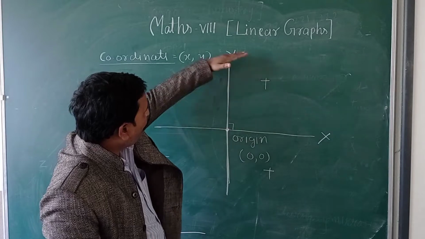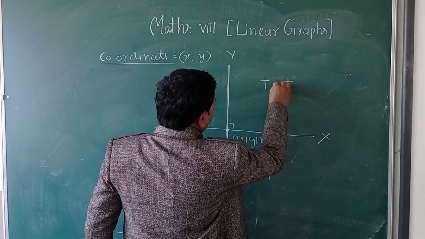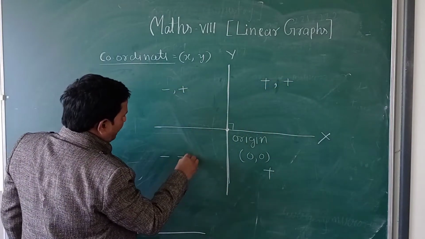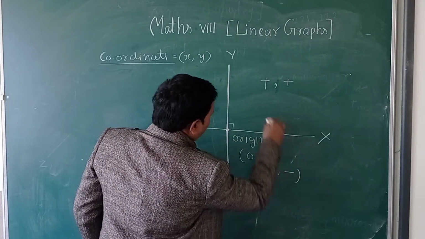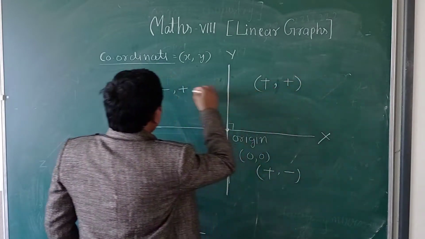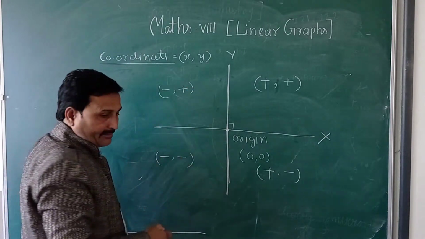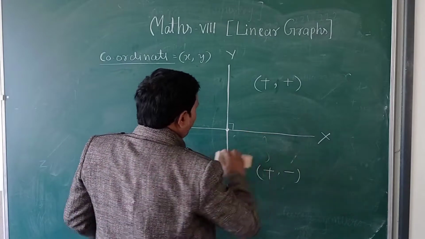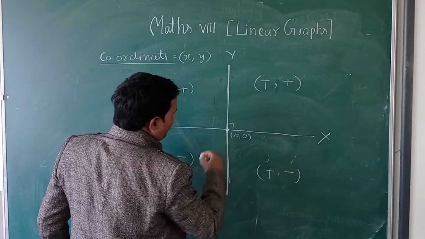This is the y-axis: here the y value is also positive, and here the y value will be negative. The origin's coordinate is 0 and 0, meaning x value 0 and y value 0.